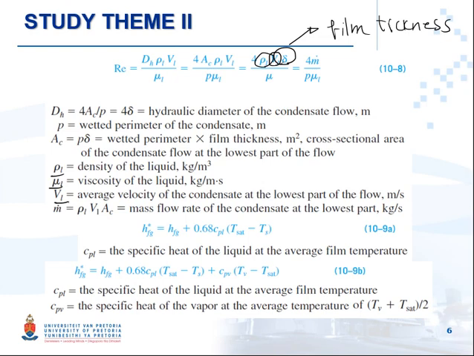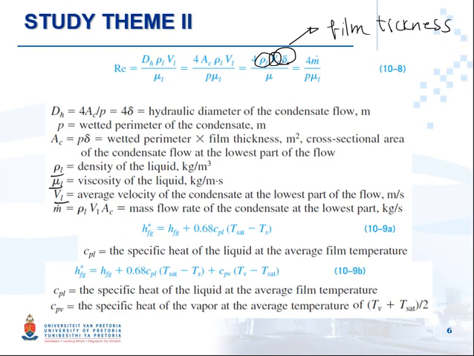But we are familiar with the concept of HFG, the latent heat of vaporization, but condensate in an actual condensation process is cooled further below the saturation temperature. So some average between saturation temperature and surface temperature. Then we need to define modified latent heat of vaporization.